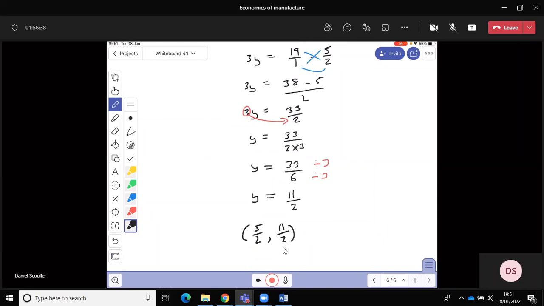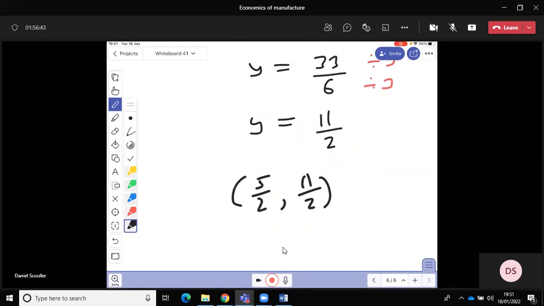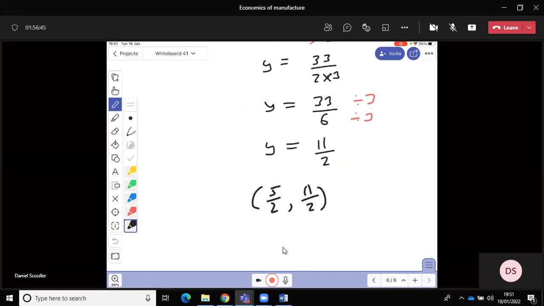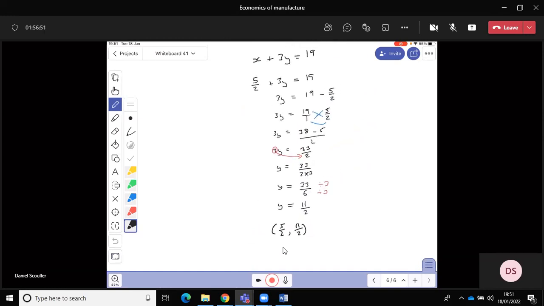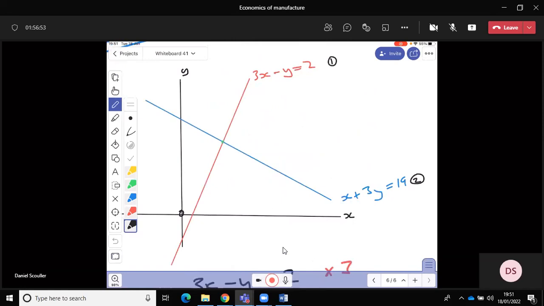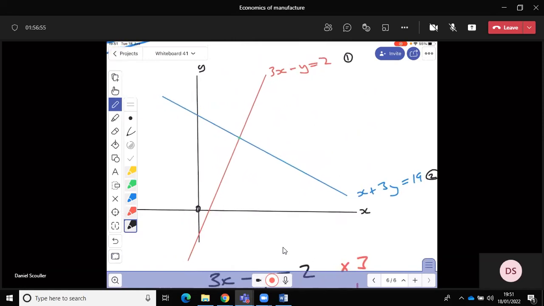It's just a wee bit of extra layer, but nothing too difficult. Don't let that throw you. Both are positive, so you've got your diagram. Does that make sense? Yes.